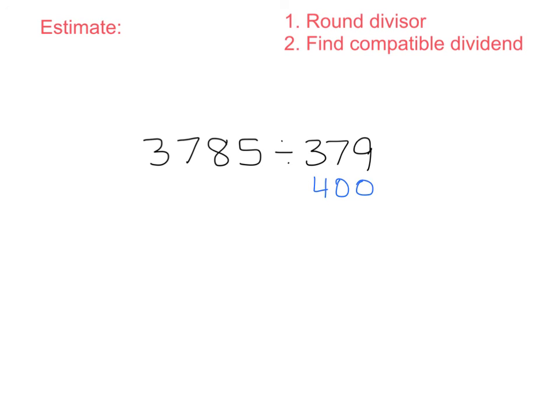And if I count by 4s, 4 doesn't go into 3, but it goes into 37. 9 times 400 gives me 3,600. And 10 times 400 gives me 4,000.